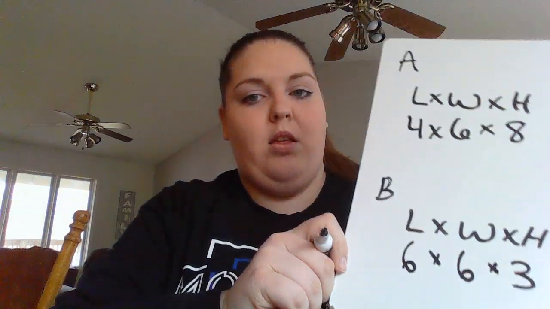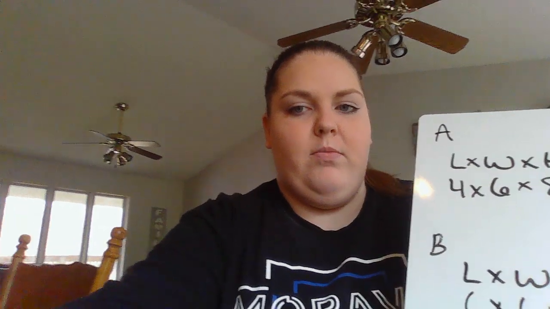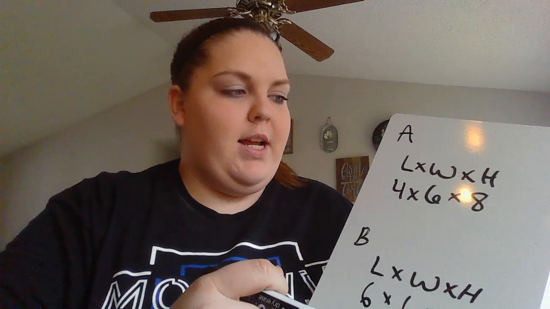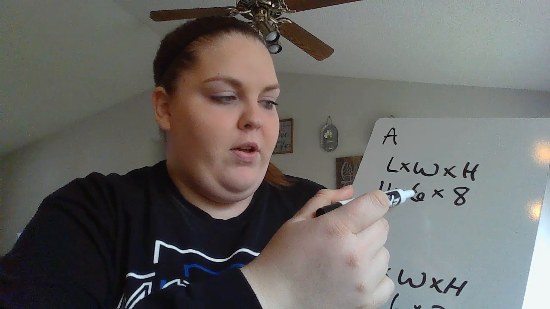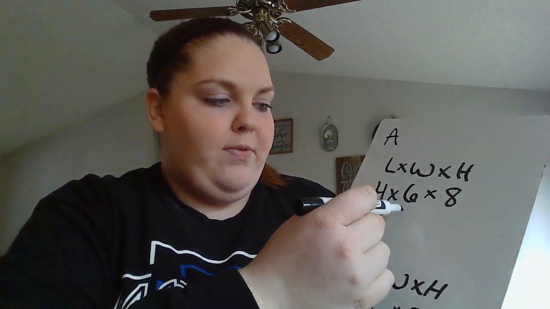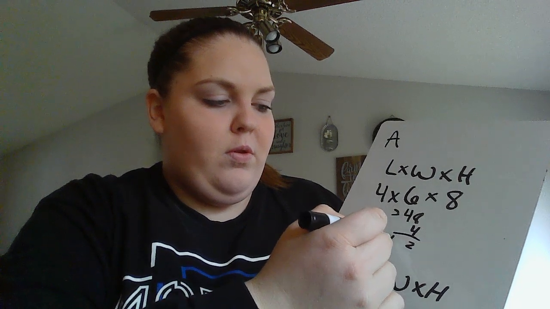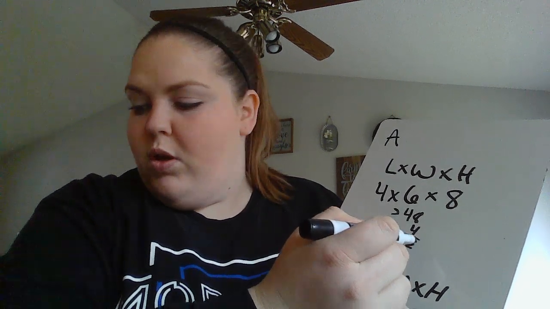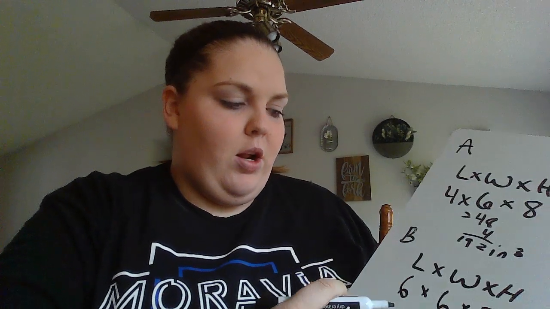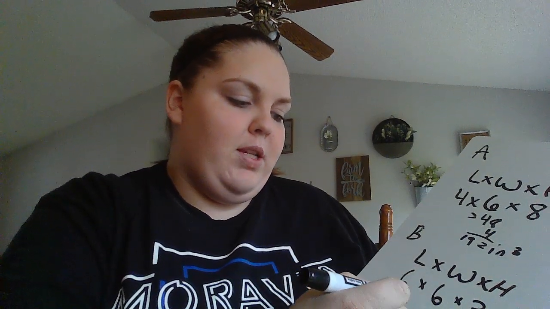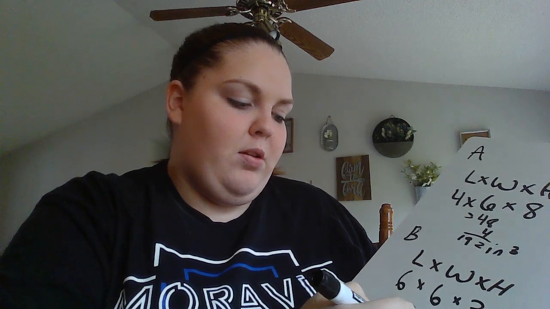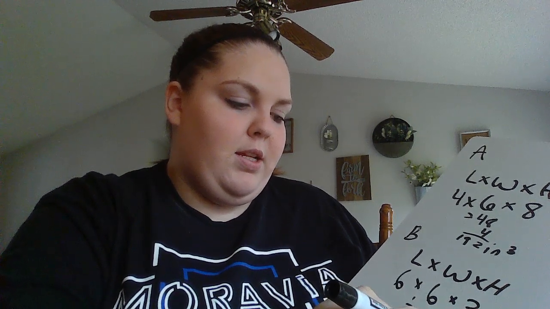So I take all of A, add them up. I have 48 times 4, 192. We're talking inches cubed. And then on B, I have 36 times 3 is 108 inches cubed.